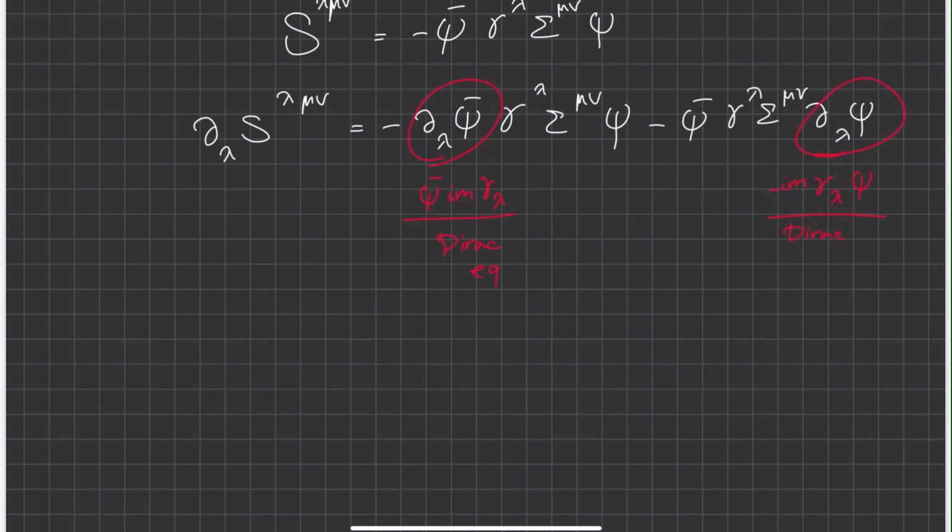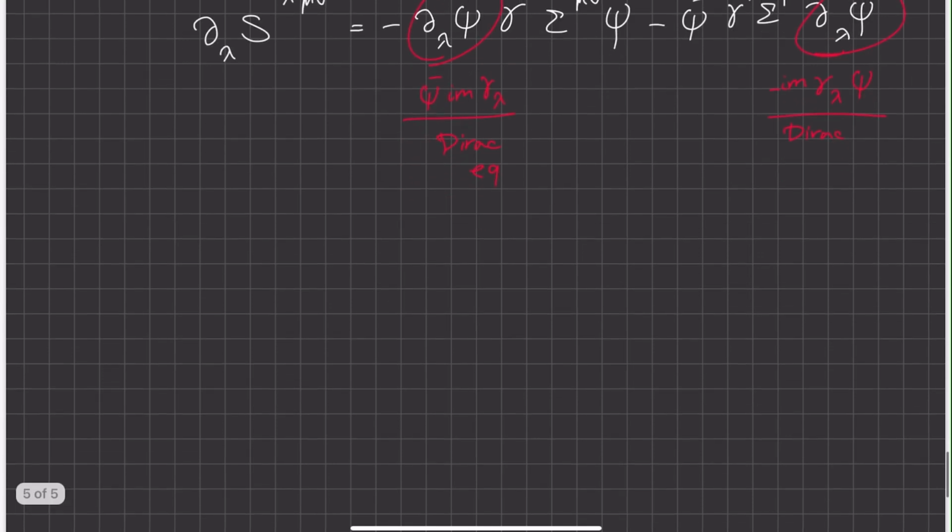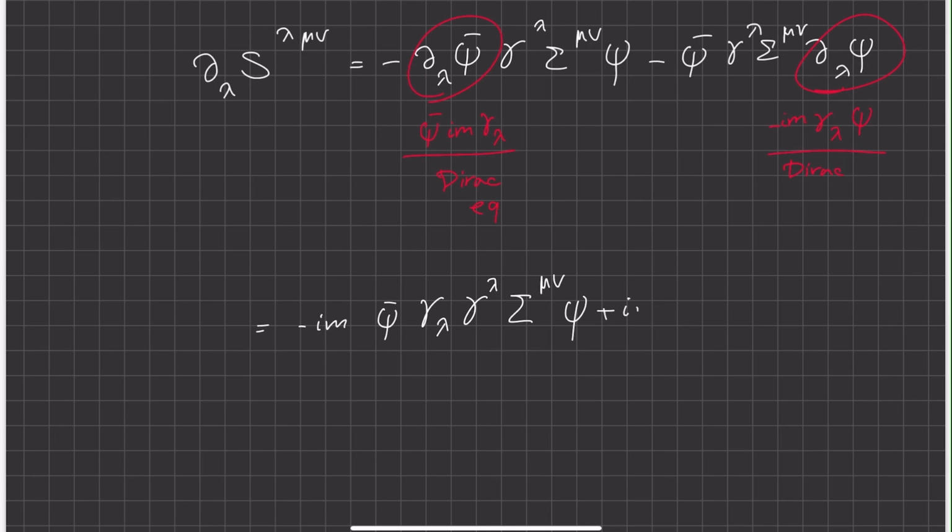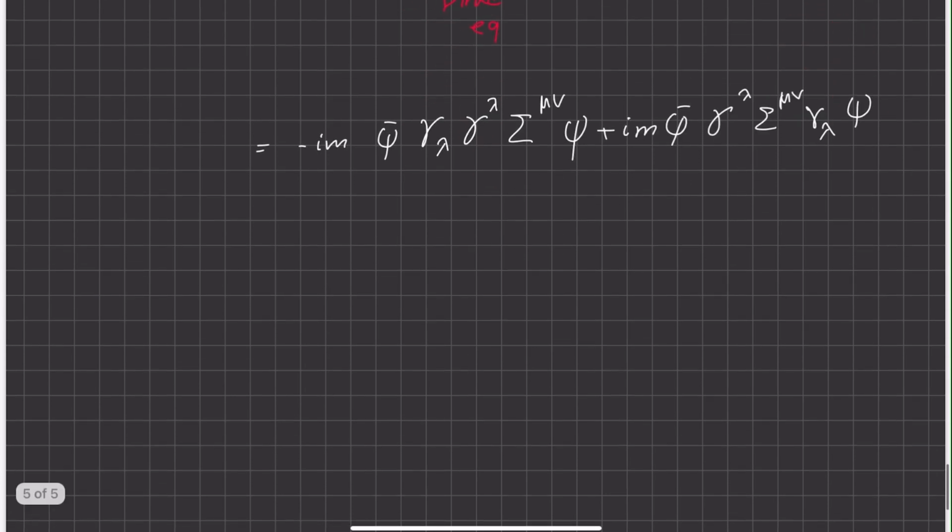Dirac equation, you can say Dirac Lagrangian, but I mean Dirac equation because we have explicit terms for those. And then I'm going to have minus i m psi bar gamma lambda sigma mu nu psi plus i m psi bar gamma lambda sigma mu nu gamma lambda psi. And this term is going to be 2i, 2 unitary matrix.